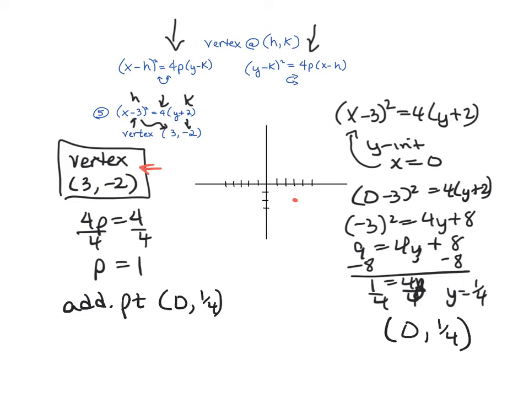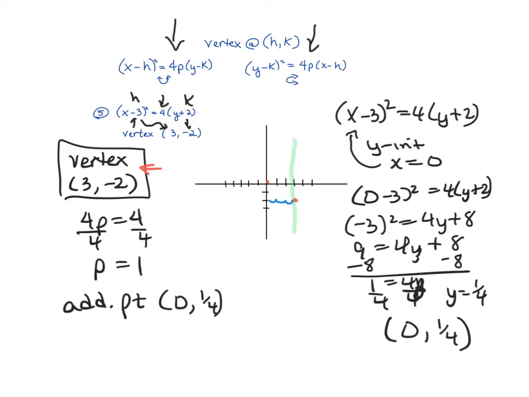So I'm going to come over here. Now, remember you have your axis of symmetry here. So I can use that line of symmetry to get another point. So notice this point right here is actually 3 away. 1, 2, 3.